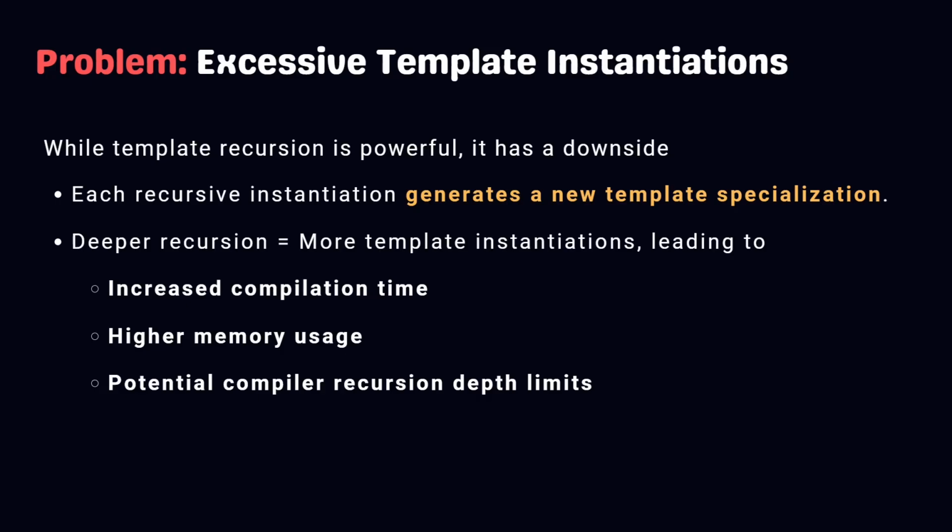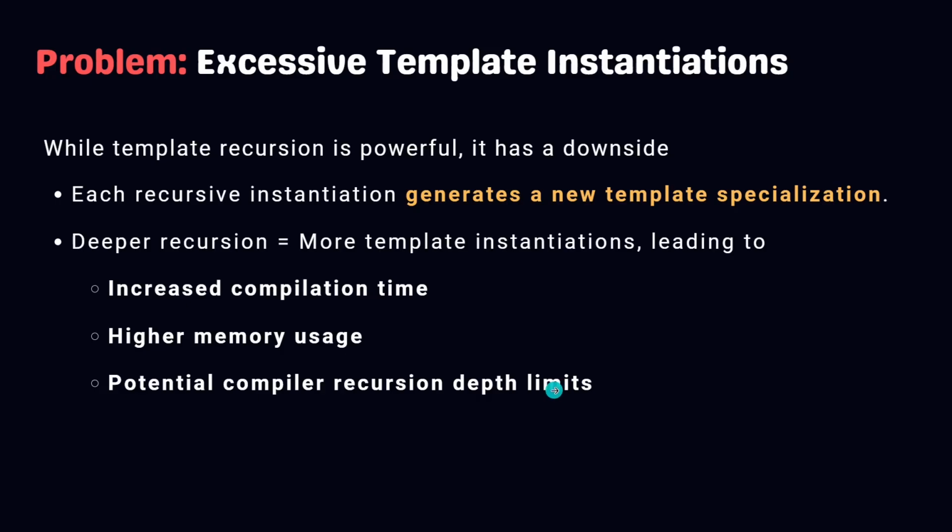Consider I have a compiler, and by default that compiler has some default value of 500. That means if I cross more than 500 recursions, it throws an error. So while compiling we can get an error also, a potential compiler recursion depth limit. That means the compiler can put a limitation, it depends on the compiler.